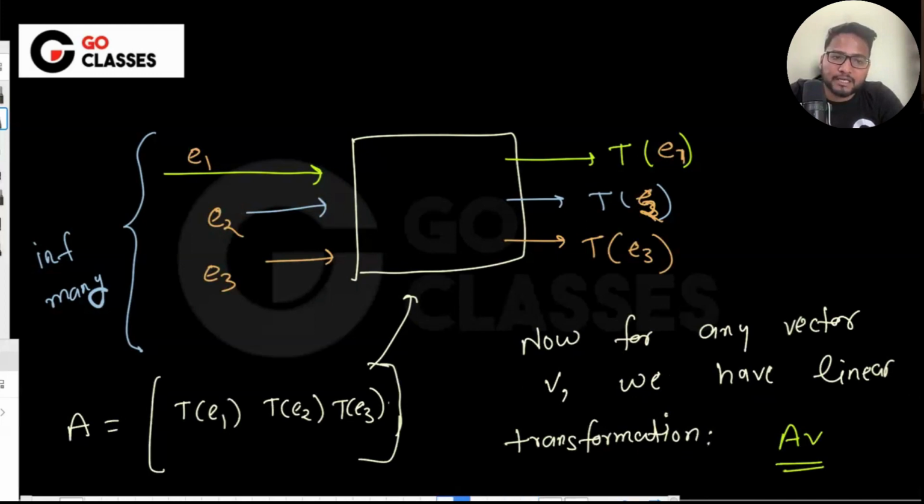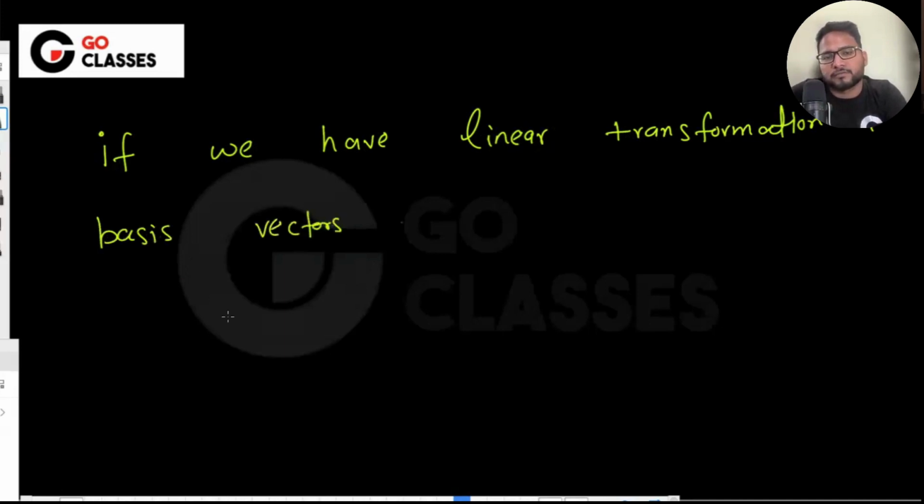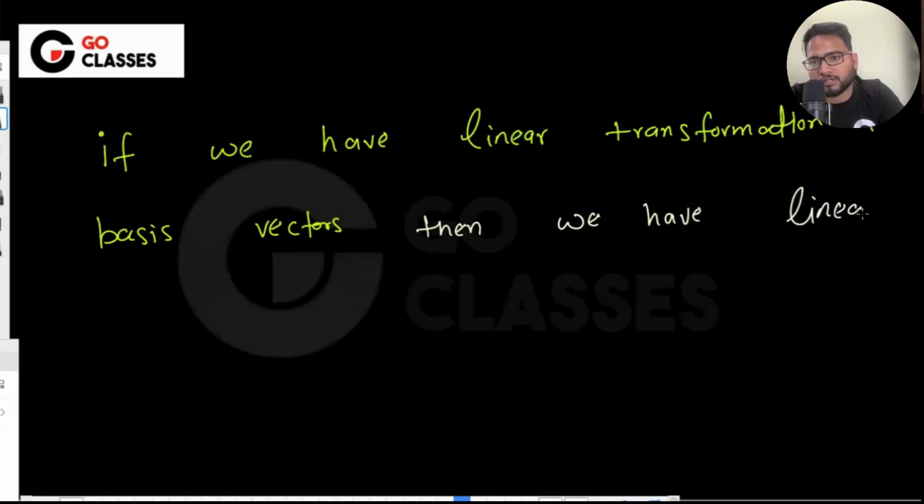So I can say that if we have the linear transformation of the basis vectors, then we have the linear transformation of all vectors, right?